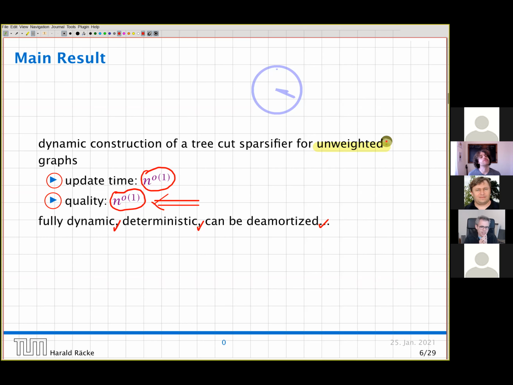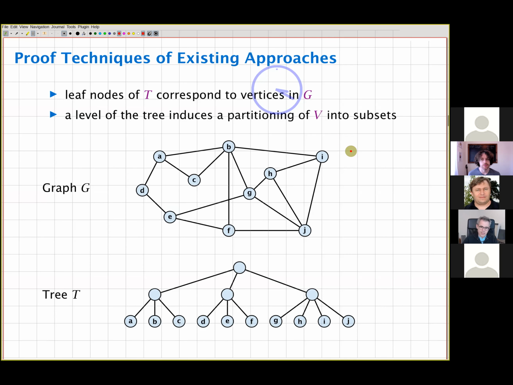It seems difficult because if you suddenly add an edge with huge weight somewhere, you can change the graph quite dramatically. So it may really mean that doing it for weighted graphs is more challenging. So for the dynamic construction, we really need unweighted graphs. This is an important note to this main result.